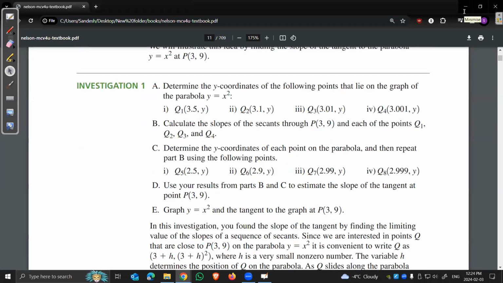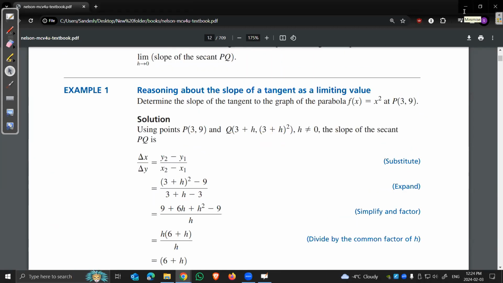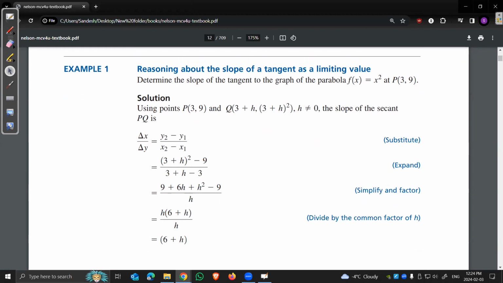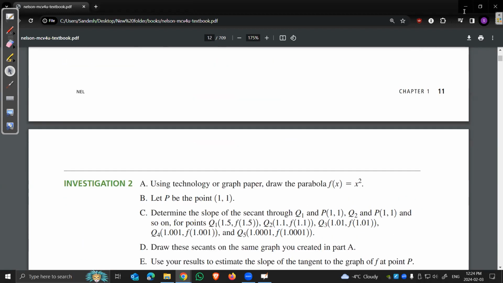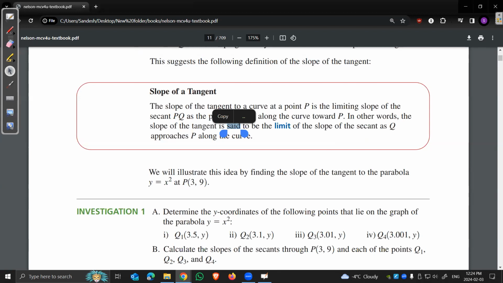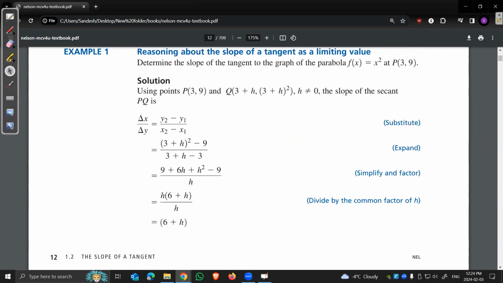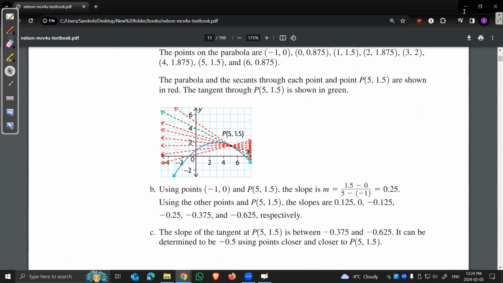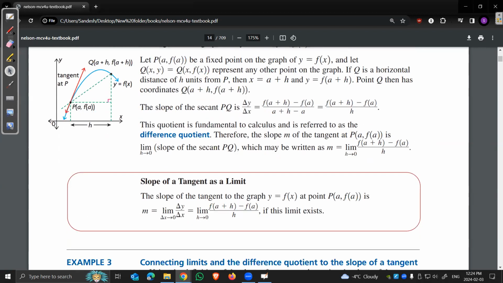Next thing we're going to talk about is the slope of the tangent line. All right, here we go.